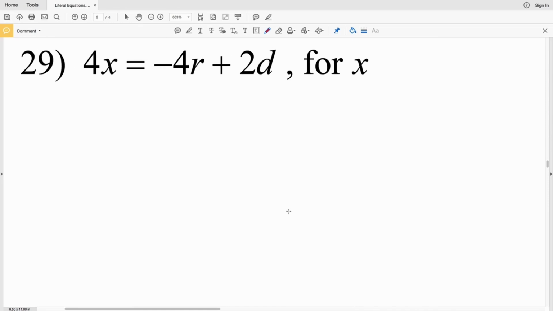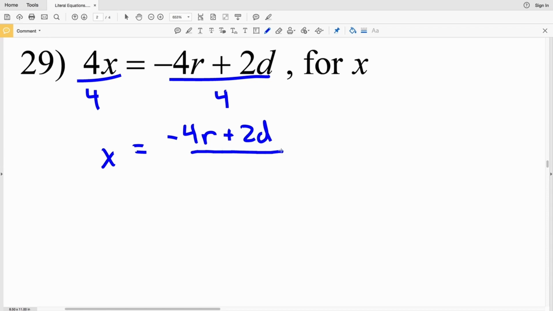Number 29, we're solving for x. So all we have to do is divide by 4. When we divide by 4, we'll get x equal to negative 4r plus 2d all over 4. However, this can be simplified down since 2 goes into each of these evenly.